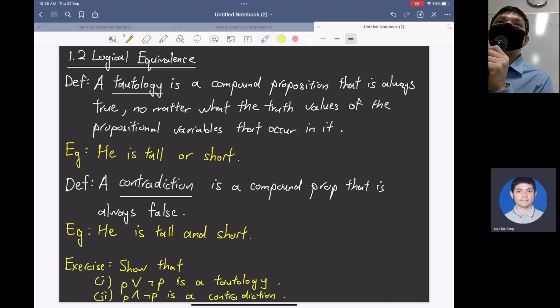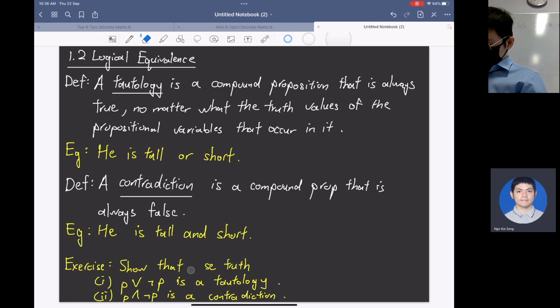You want to do the exercise? Let me show the exercise. So you know how to do it? Use a truth table to show it.